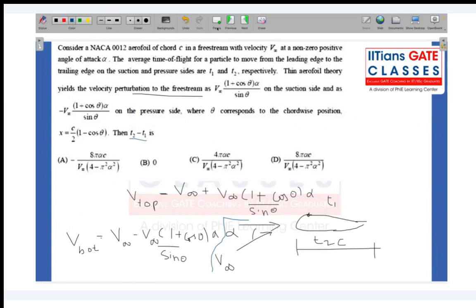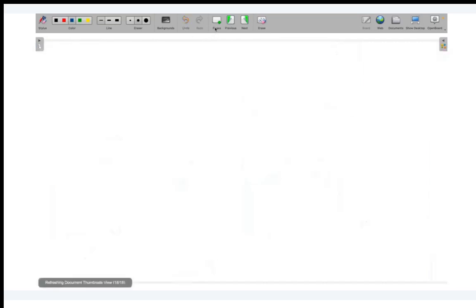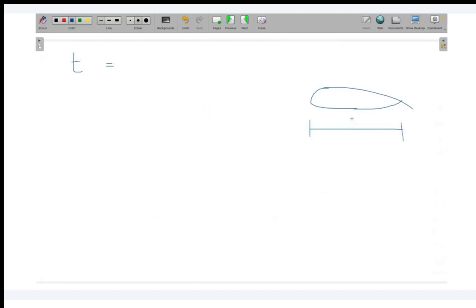So we know that T2 and T1 are nothing but the average time of flight. That is, T, the time taken, is the average time, which is basically the distance that it covers from front to back, c, divided by the average velocity that it takes.